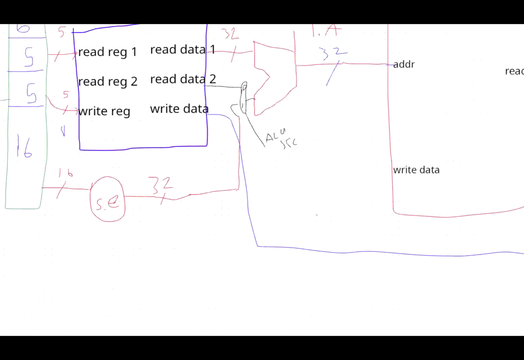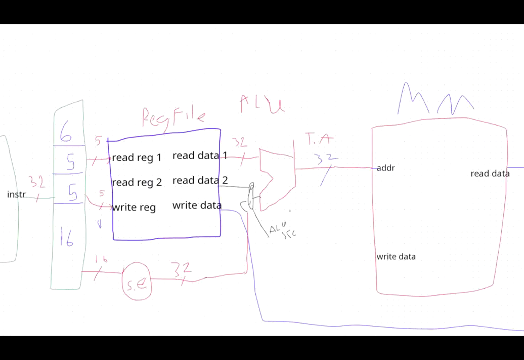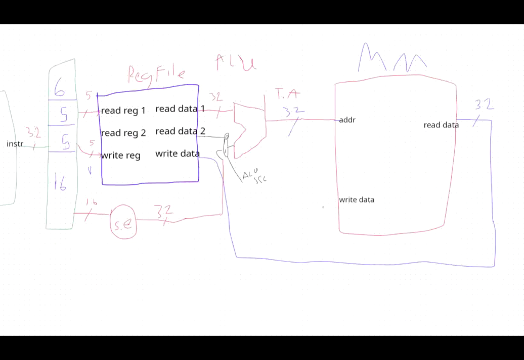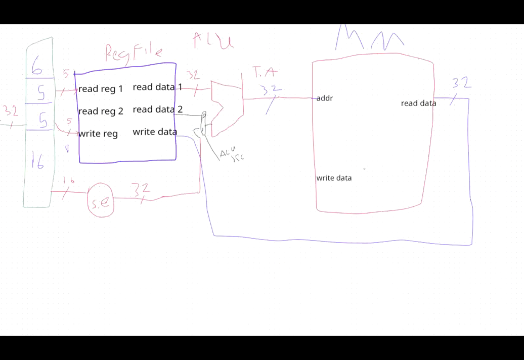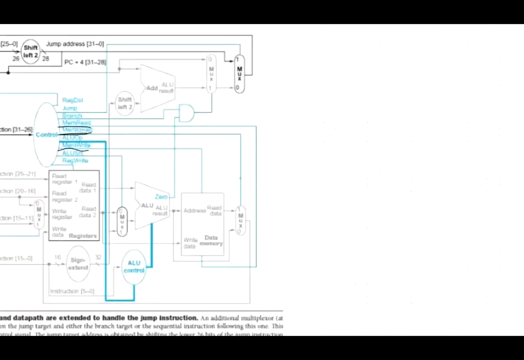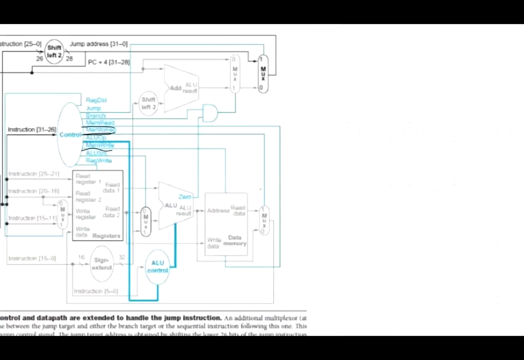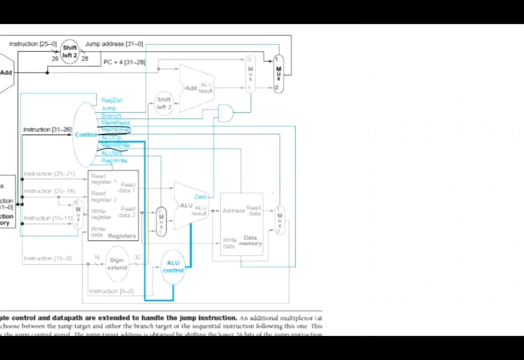Another multiplexer we can add, and I think a more relevant one, would be after the main memory over here, in which we would use the multiplexers that are unique to the load instruction. Let me just make sure I'm looking at this correctly.